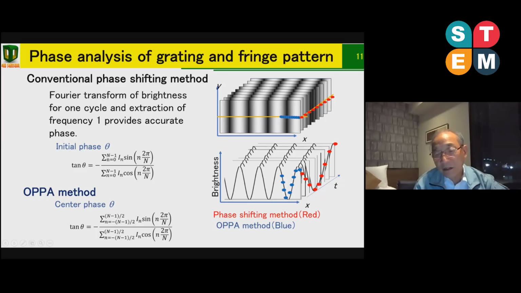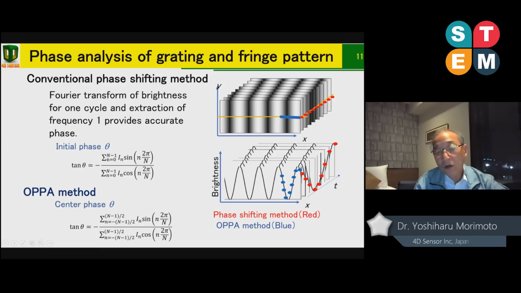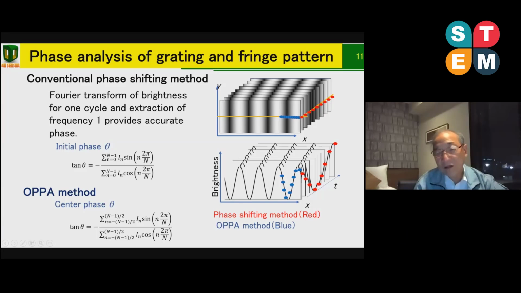But in this case, during the phase shifting, the object should not move. It must stop. So if the object is moving, in such a case, we cannot use this phase shifting method.